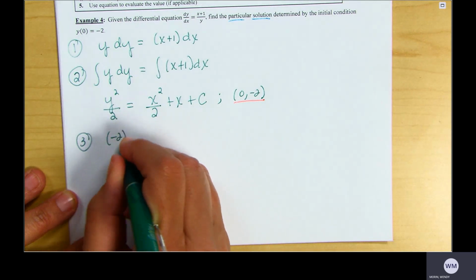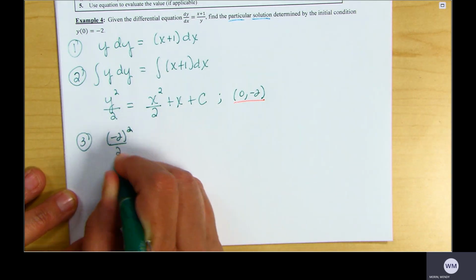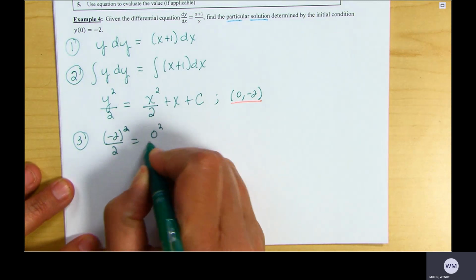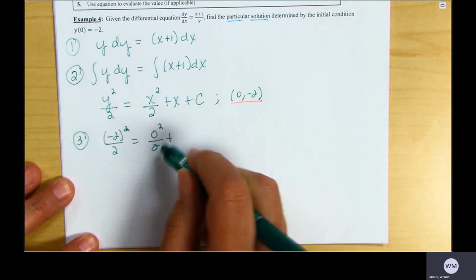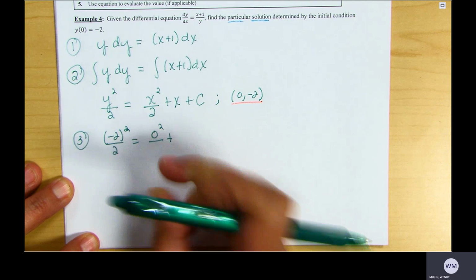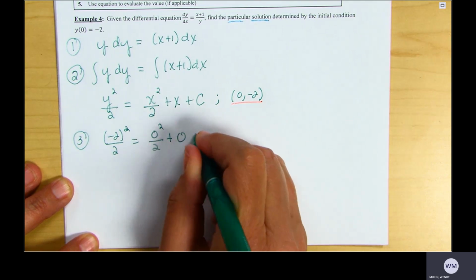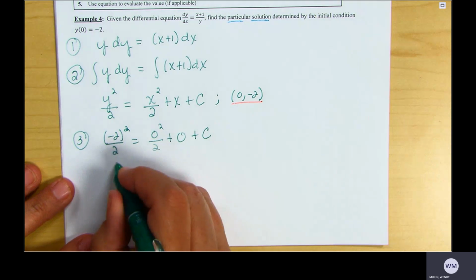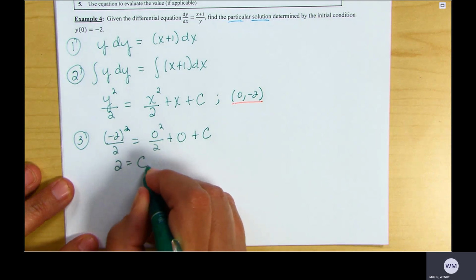So negative 2 squared divided by 2 equals 0 squared divided by 2 plus 0 plus c. So that is 2 equals c.